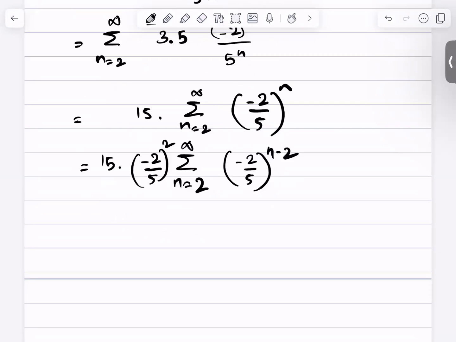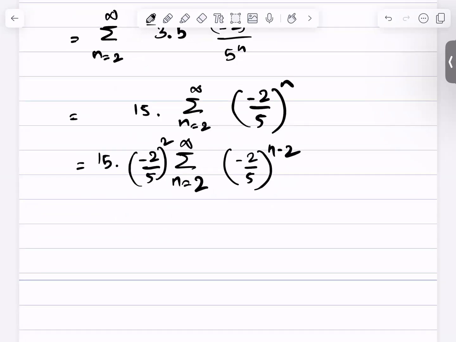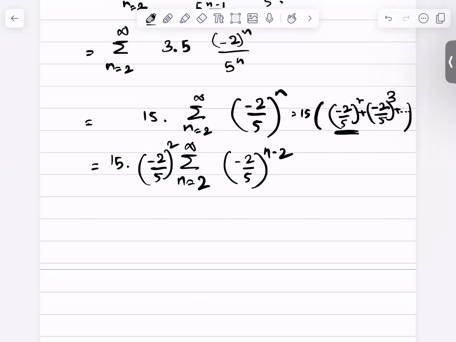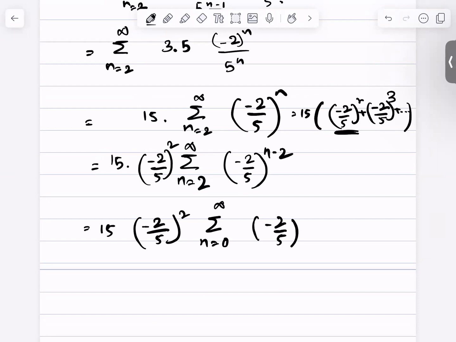In the next step, I have taken -2 over 5 squared factored out, because this sum is nothing but 15 times -2 over 5 squared, -2 over 5 to the third, and so on, right? So I can easily take this thing factored out. Now this is nothing but 15 times -2 over 5 squared, summation n equal to 0 to infinity of -2 over 5 to the n, right?